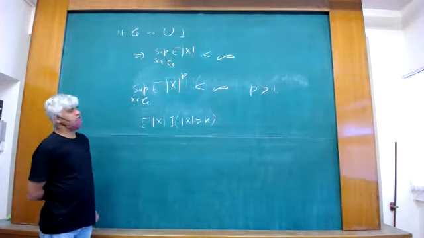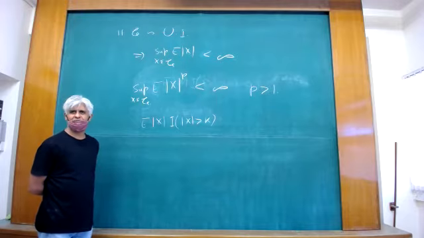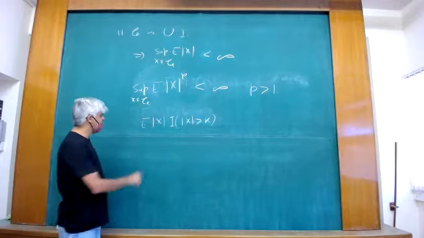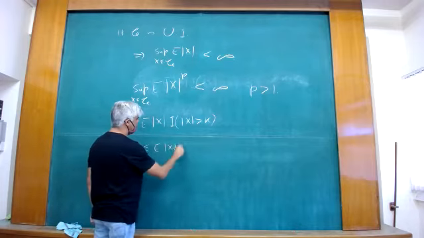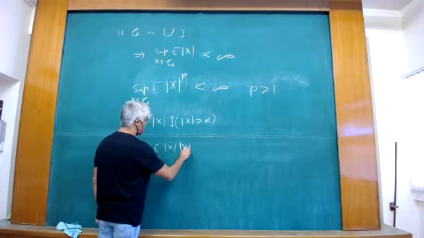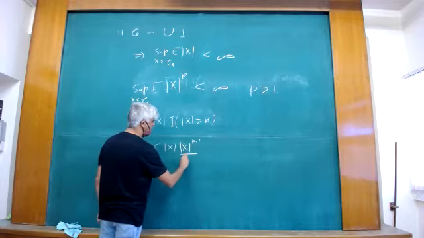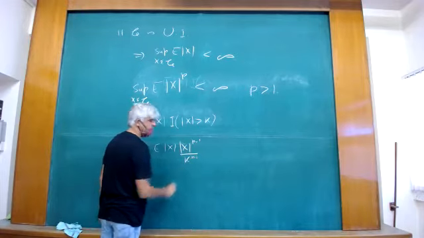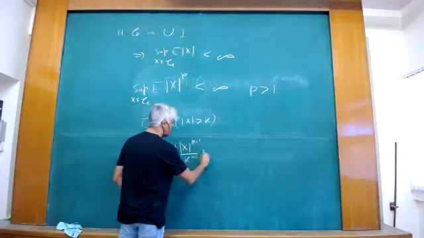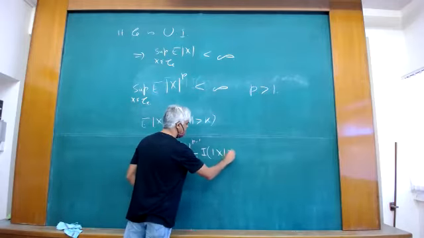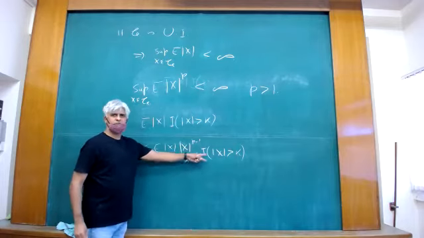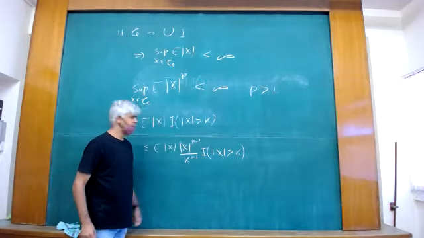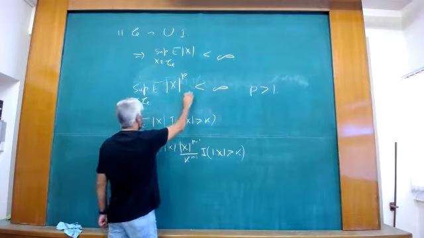But we want to use the p-th moment, right? That has to come into the picture. So on this set I can bound this by the p-th moment times (p minus 1) to the power p minus 1. That will give me an upper bound on this set, because this is greater than or equal to 1 on this set, right?